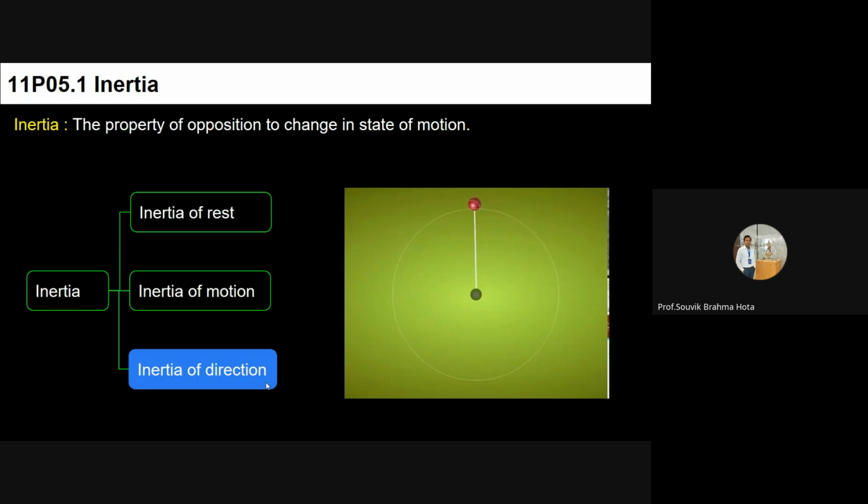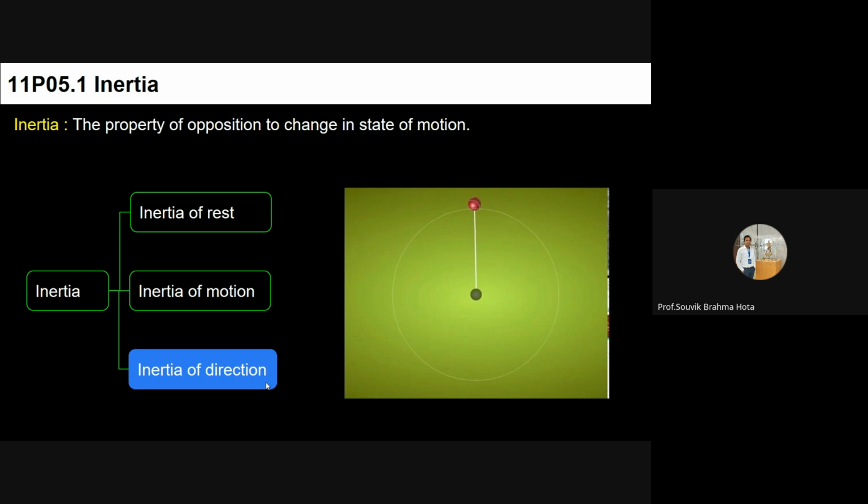Why? Because as soon as the vehicle is in motion, the lower part approaches in the forward direction, whereas your upper part, due to the inertia of rest, will not move. So your upper part will fall in the backward direction.